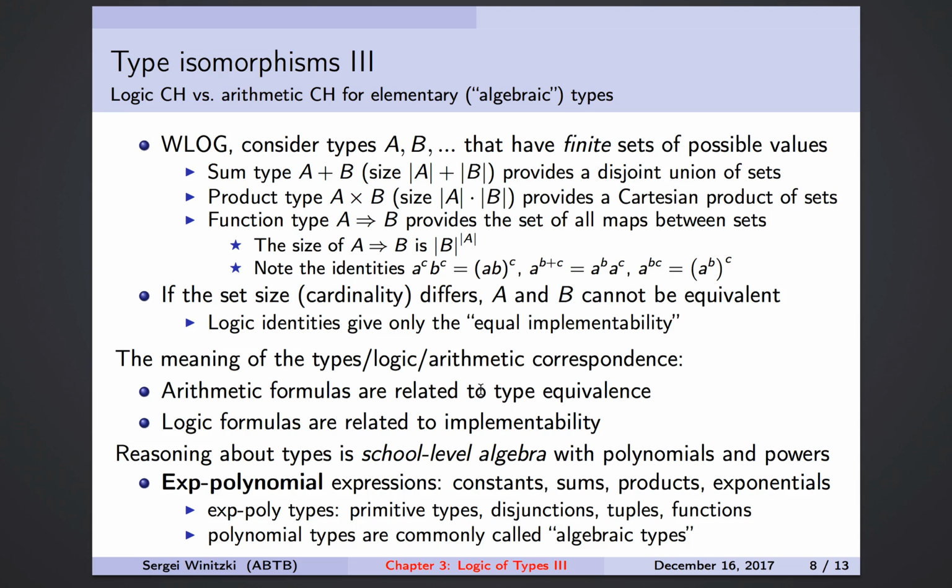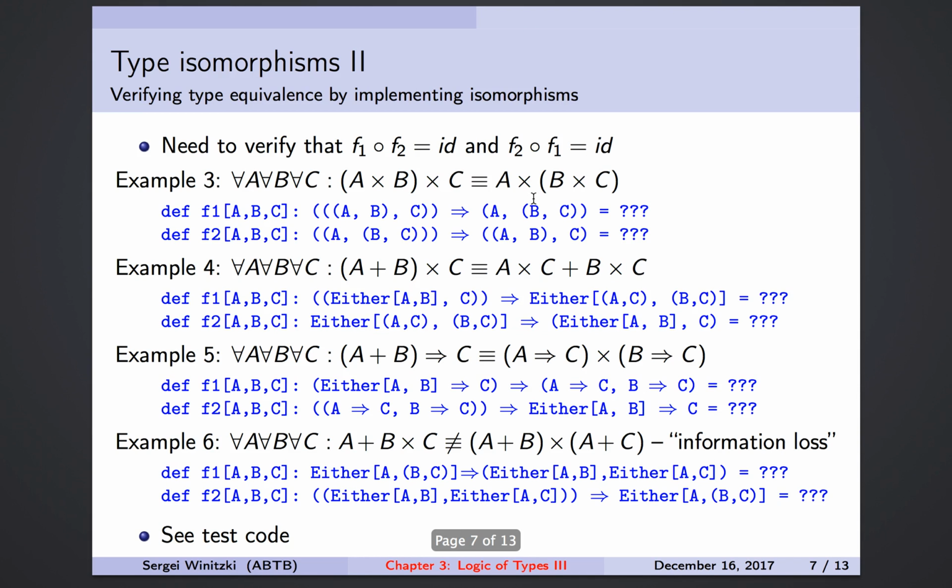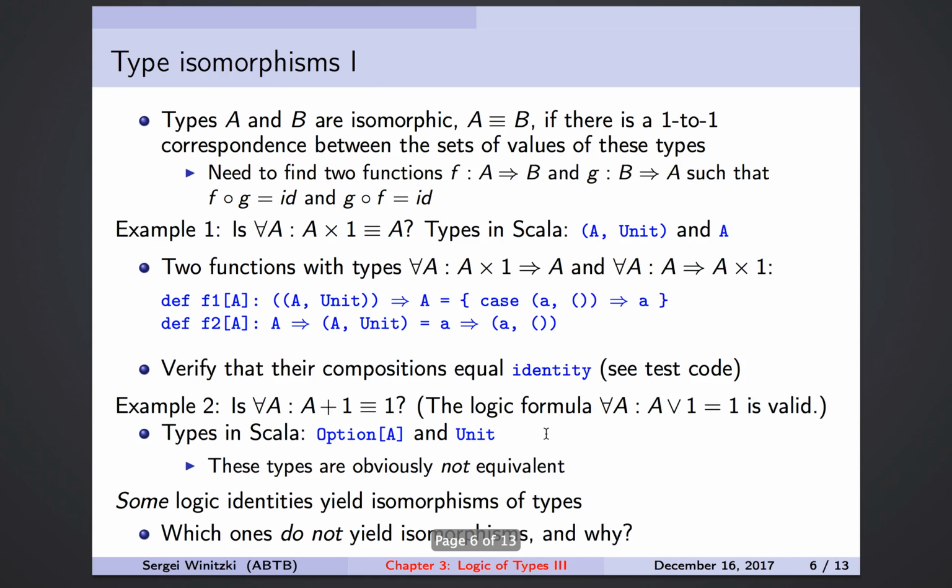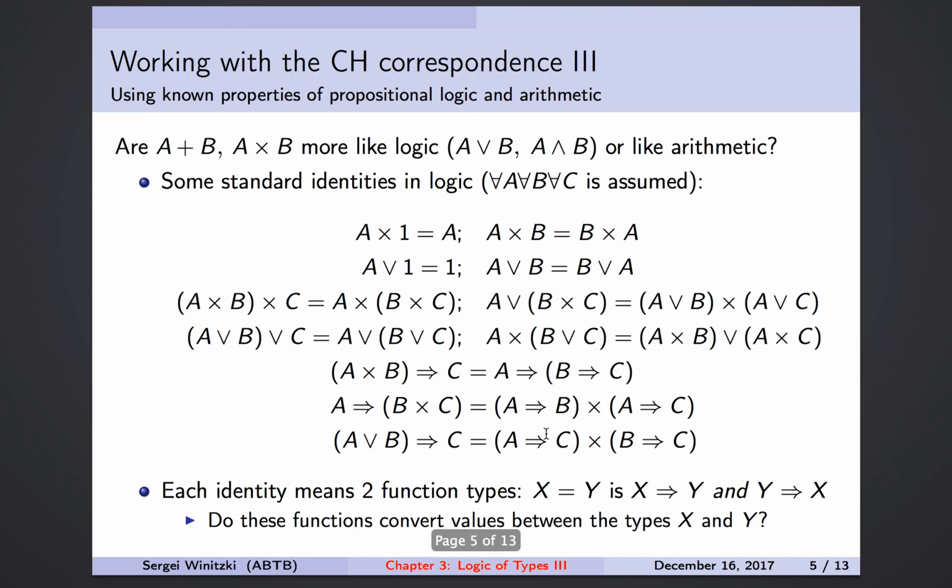So I translate types into arithmetic formulas, and I reason with them pretty much like I reason about high school level algebra with polynomials and powers. I have identities like this. I have basically all identities of high school algebra completely translated into, well, I just showed them. These are some examples, and all other identities out of here, for example, these are all valid as well as arithmetic identities.